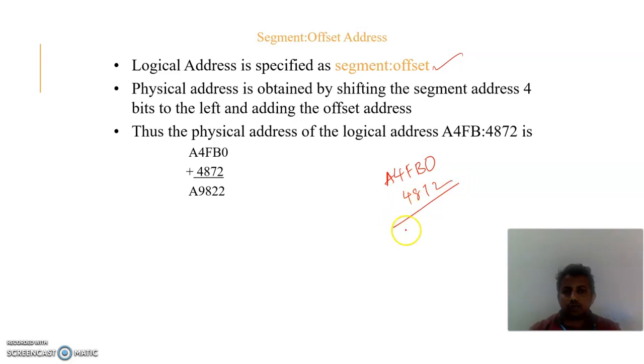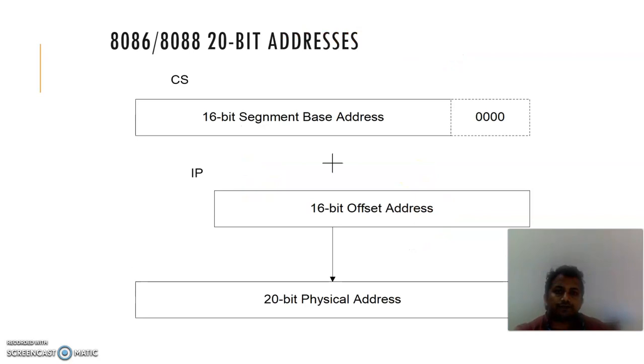When you add these two, A gives 2, B, C gives F, 8 gives 8 over here, and then 7. So you get 2 and a carry over here, 8, and then 9. This is the result when these two are added. This is a physical address.